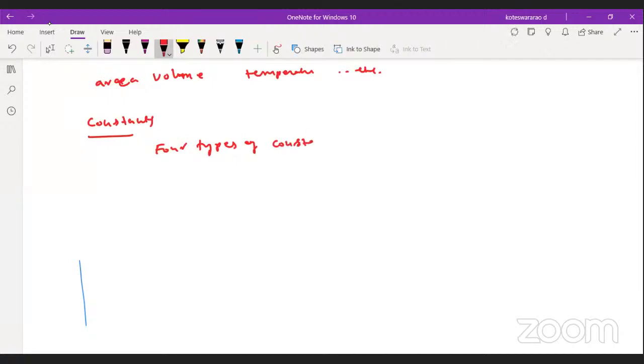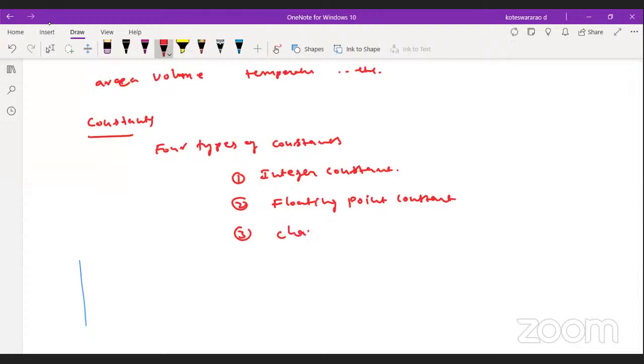One is integer constant, the second one is float constant, also called floating point constant, the third one is character constant, and the fourth one is string constant.